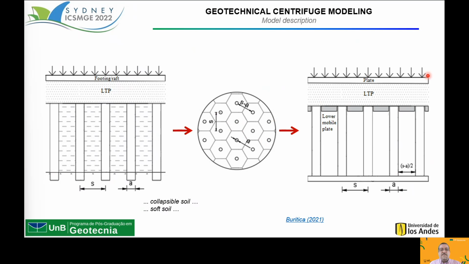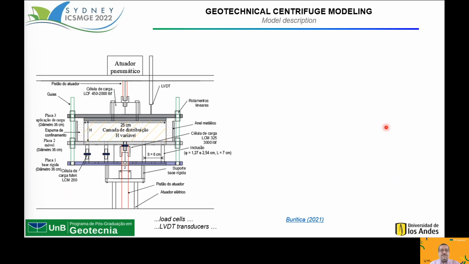Here is the model. The footing or raft was substituted by a rigid plate. Here is the compacted soil. And the collapsible soil or the subsoil, the reinforced soil, was substituted by a mobile plate here in the bottom. And we only simulate the tips, the caps of the inclusions.